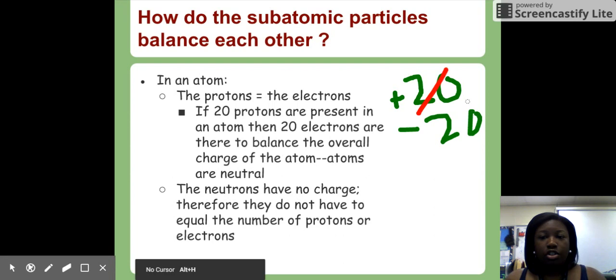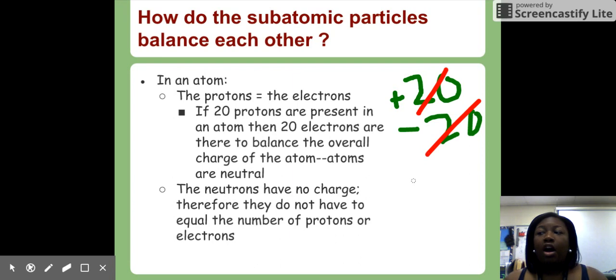So they're going to cancel each other out. And so the overall charge is going to be neutral, okay? So because I got rid of the charges, they equal each other out.